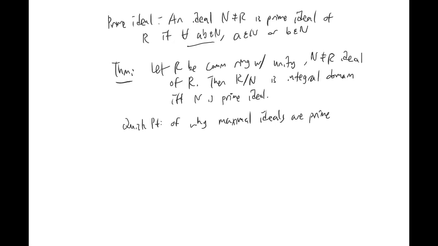Okay, in our commutative ring with unit. So when are you maximal? Let N be maximal. Then you know R mod N is a field. But fields are integral domains, right?